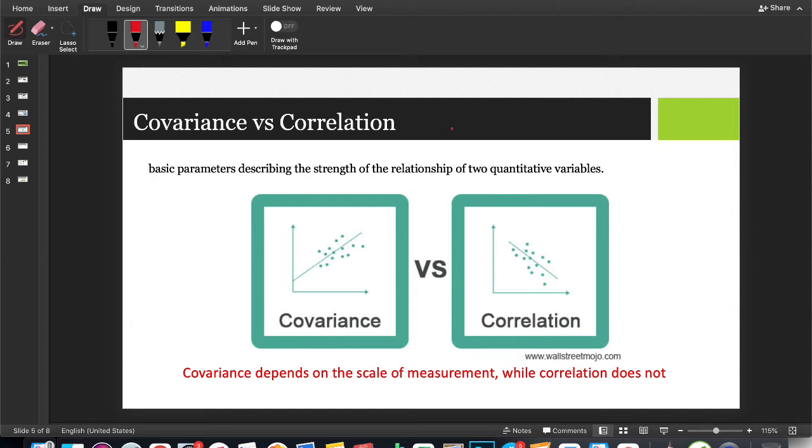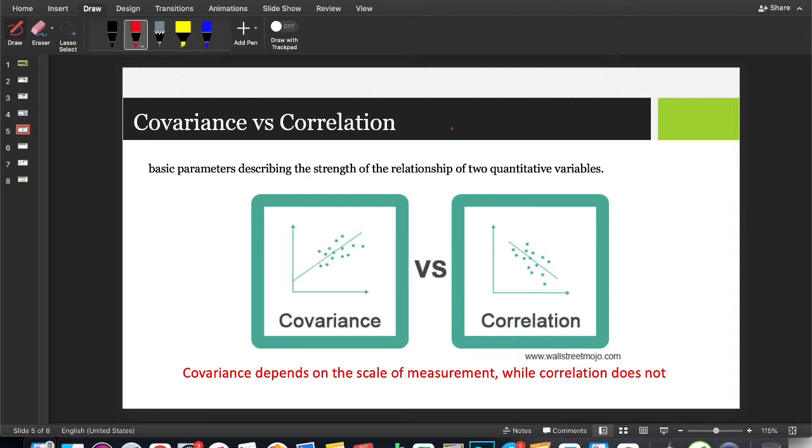For both, larger absolute values indicate a stronger relationship, and positive numbers indicate a direct relationship, while negative numbers indicate an indirect relationship. For both, a value of 0 is called uncorrelated. Covariance depends on the scale of measurement, while correlation does not. For this reason, correlation is easier to understand.